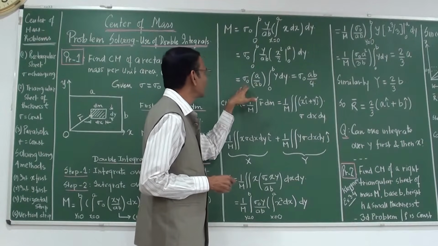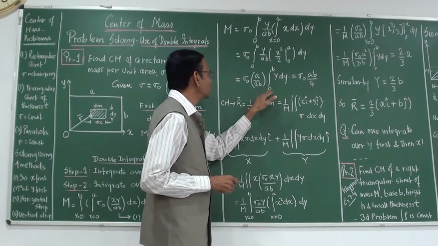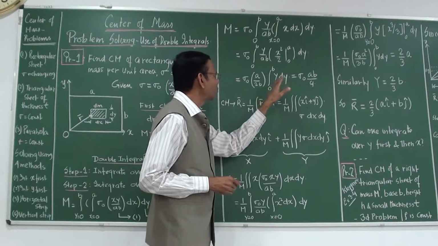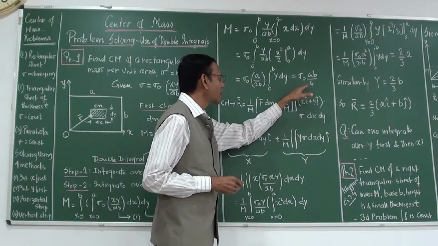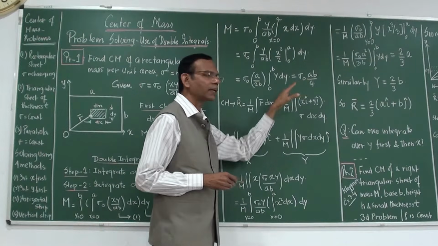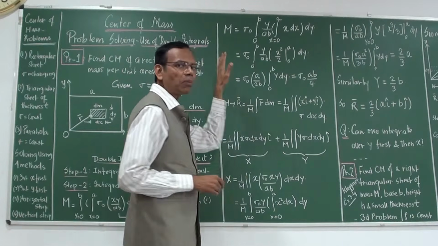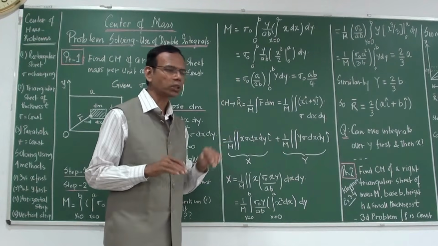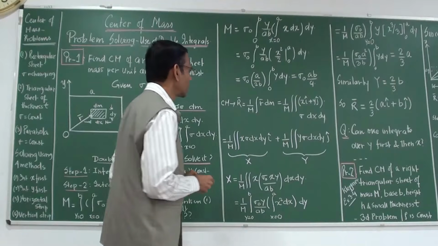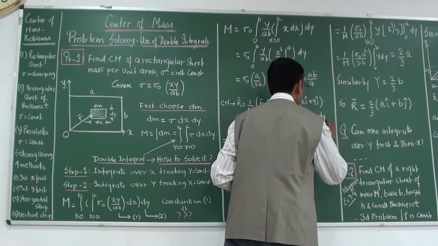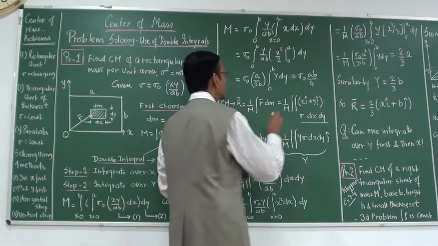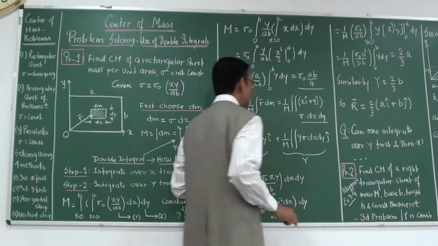Is this clear? y dy, 0 to b. After the integration, this is the answer you get, sigma 0 ab by 4. So you have got the total mass m of the sheet. Let us underline this.